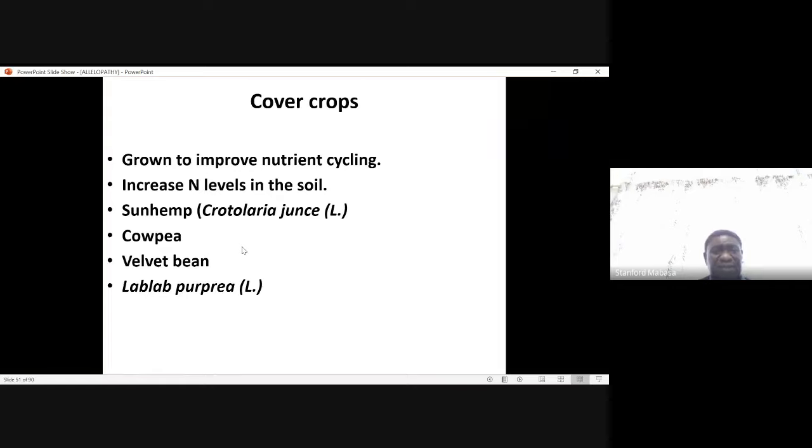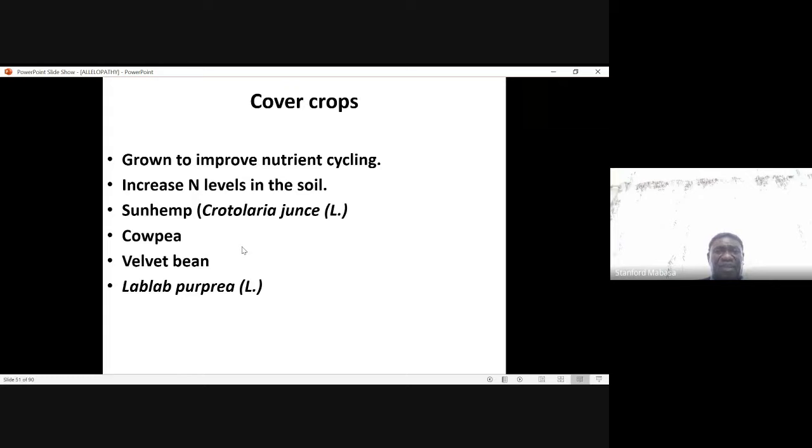Then cover crops, like these green manure cover crops, like sun hemp, Crotalaria juncea, cowpea, velvet bean, and lablab.